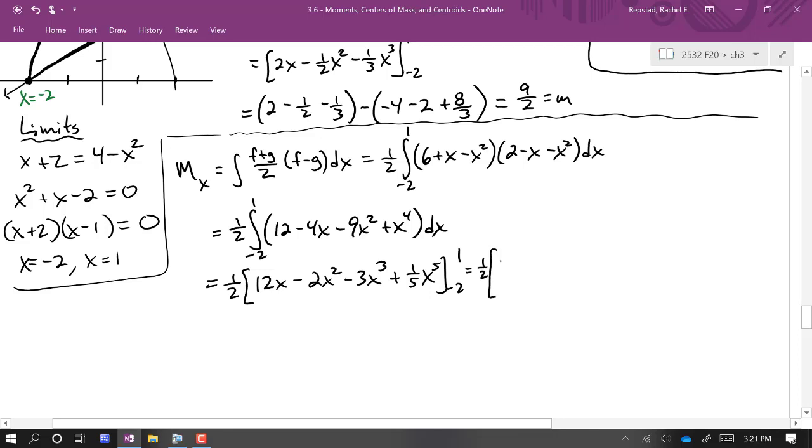And we'll plug in our limits. So plugging in positive 1 gives us 12 minus 2 minus 3 plus 1/5. And plugging in negative 2 gives us negative 24 minus 8 plus 24 minus 32 over 5.